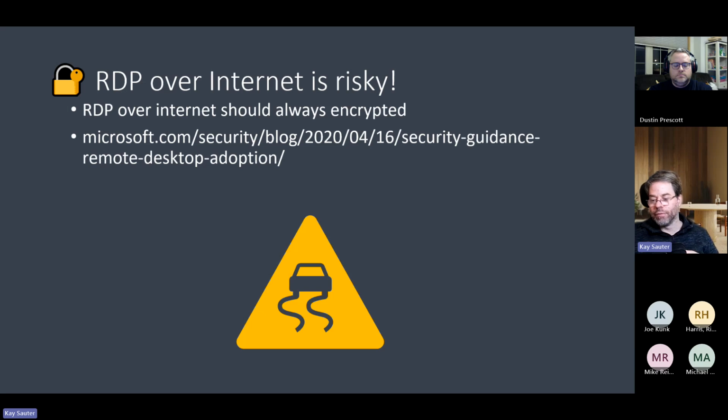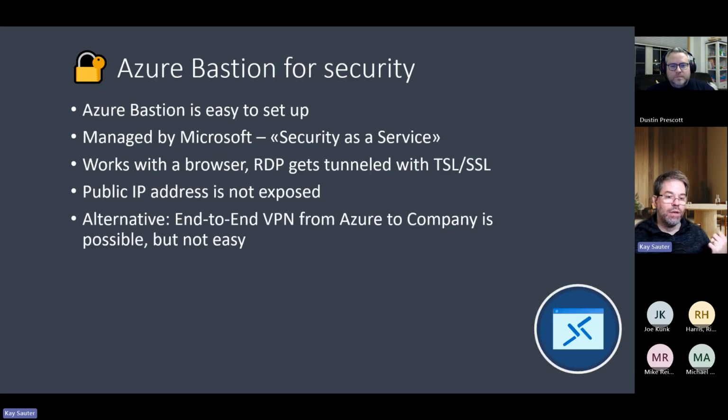Back then, when I developed this, like I said, I was not an infrastructure engineer, I was not an Azure engineer, so for me that was a bit too much. What I chose back then is Azure Bastion. Azure Bastion is a service that is pretty easy to set up. I will show you this later. It's basically security as a service by Microsoft.